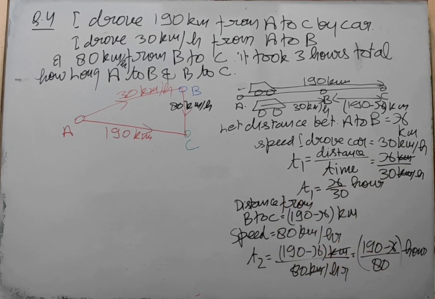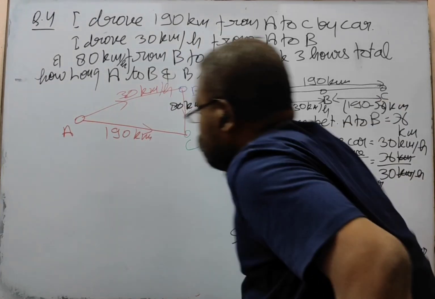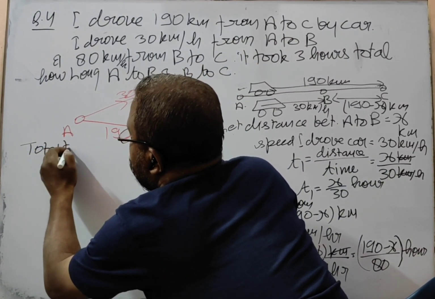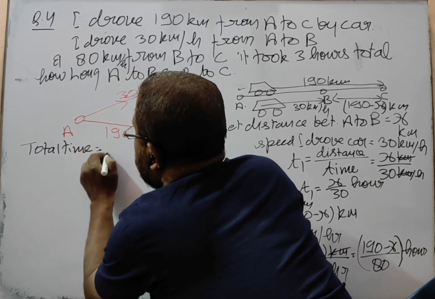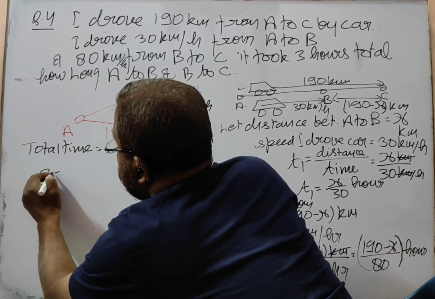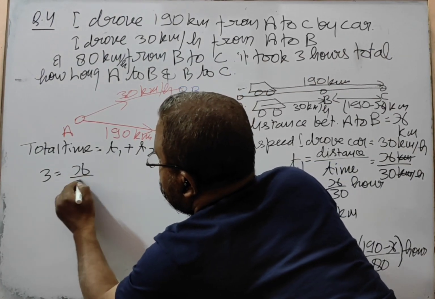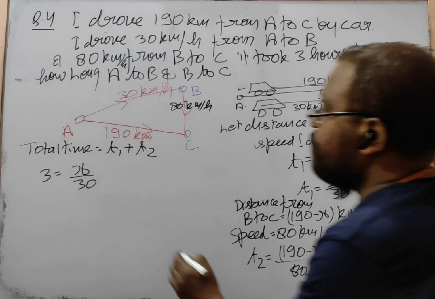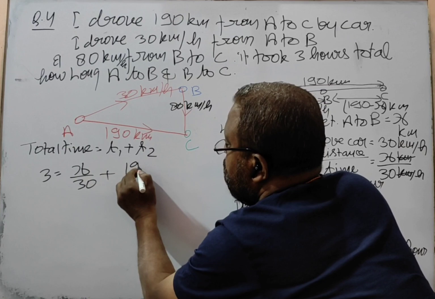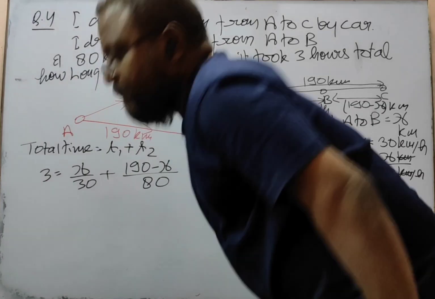This is T2. And as we know, total time is equal to T1 plus T2. Total time is 3 hours. So 3 is equal to x upon 30, right, plus 190 minus x upon 80.